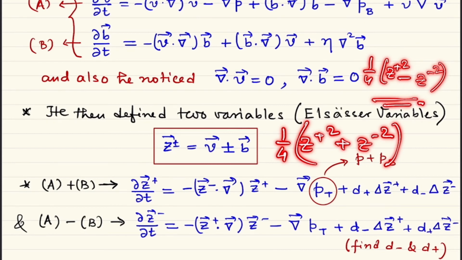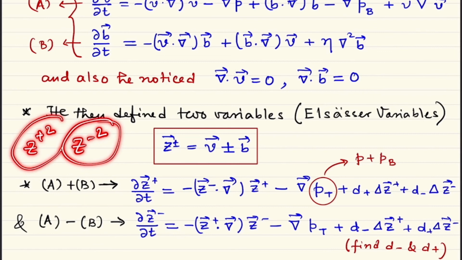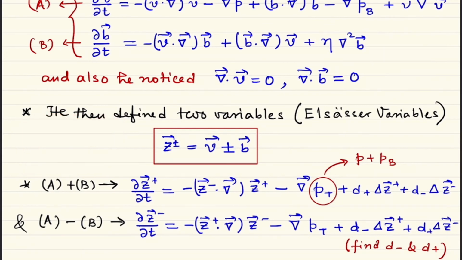If both are conserved, then the sum of the two will be conserved and the subtraction of the two will be conserved, right? Will be the density of some conserved quantities. And that's why you can actually say that both the z plus square and z minus square correspond to the densities of two conserved quantities. Okay, and they are known as pseudo energies.